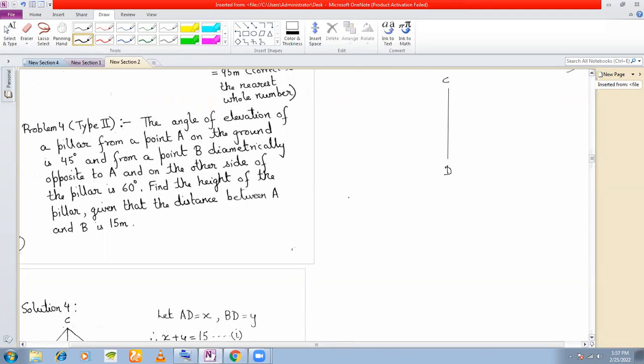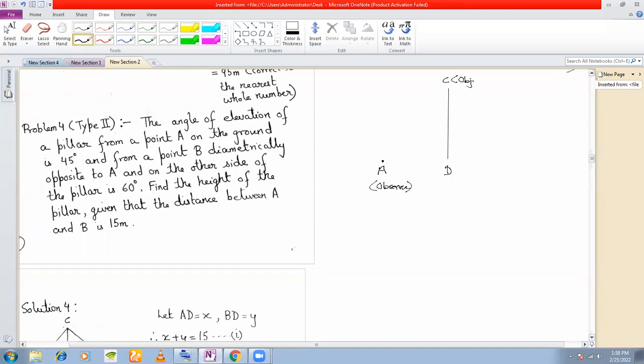The angle of elevation of a pillar from a point A on the ground. So angle of elevation is given, which means the observer is in the depressed position. That means the observer is down, right? So let's say this is a point A, and here you have one observer. This is the object.